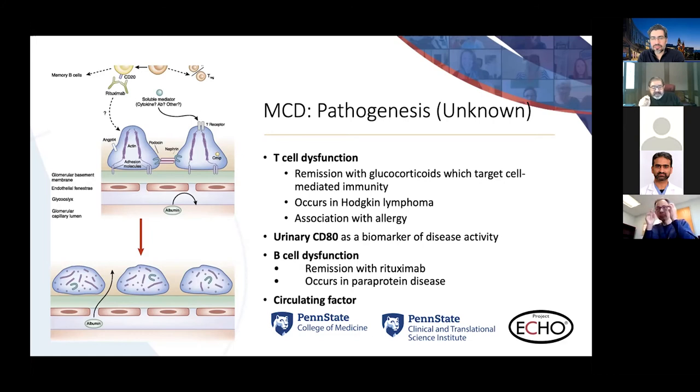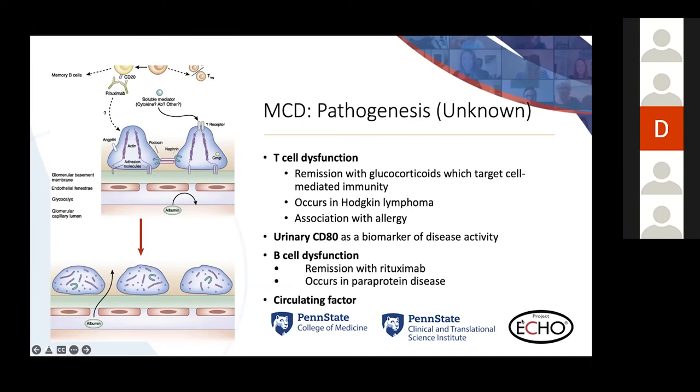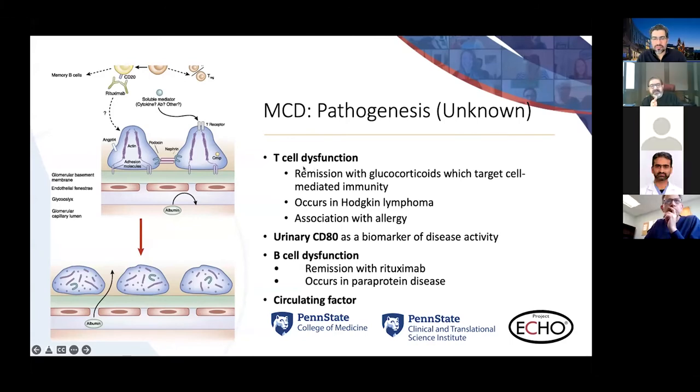So the circulating factor may not be a monolithic entity. It could be different types of proteins that generate different types of disease processes with the commonality of an acute diffuse podocytopathy.